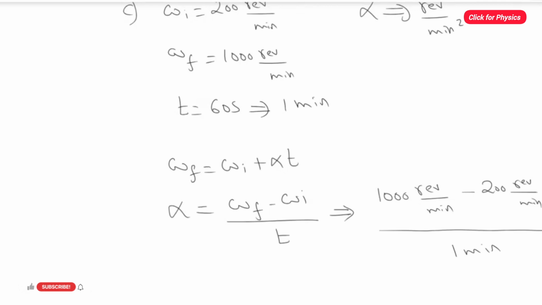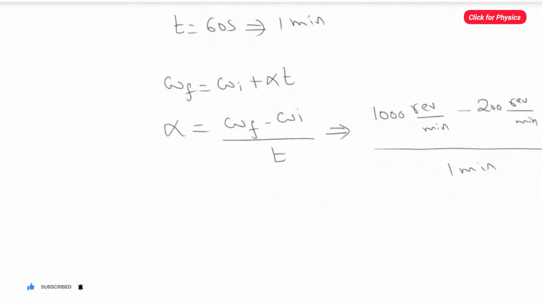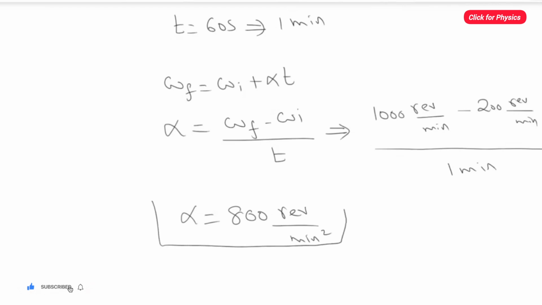So you can see revolution per minute square. So our answer will come in terms of revolution per minute square. So now we have to subtract 1000 with 200. So what we will get the answer for alpha? The answer for alpha is 1000 minus 200, which is 800 revolution per minute square. So this is the answer for the third part.